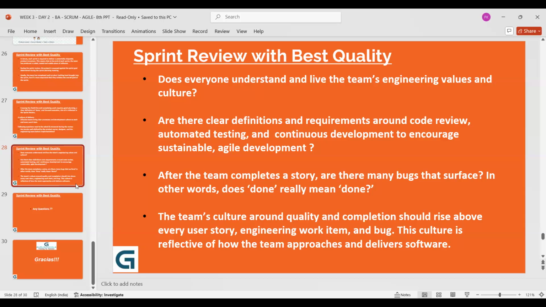So what we are saying is that the quality and completion of your work should rise above every user story, meaning it should not be focused only towards one particular item or one particular requirement or piece of work. Your entire delivery, your entire engineering work, needs to reflect that.